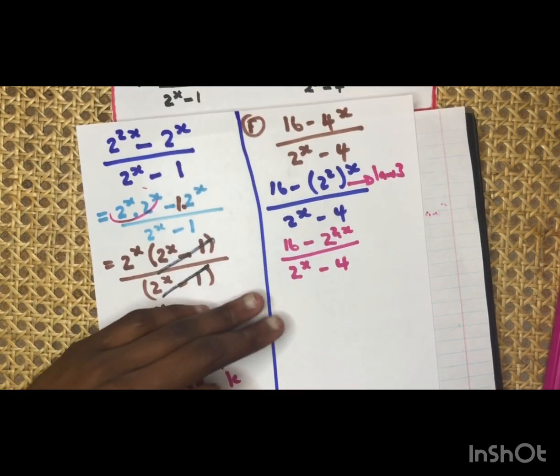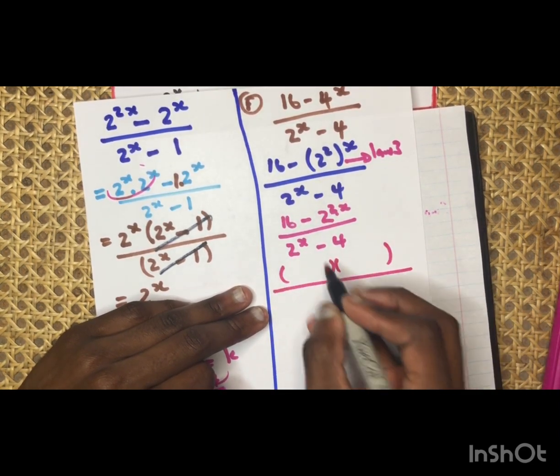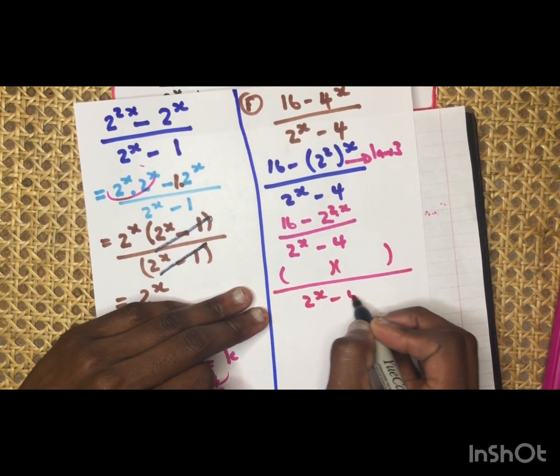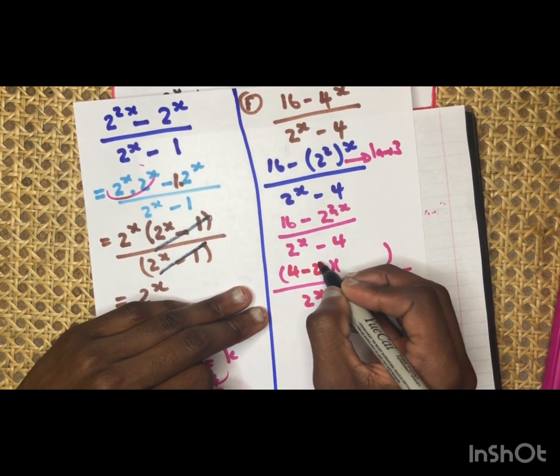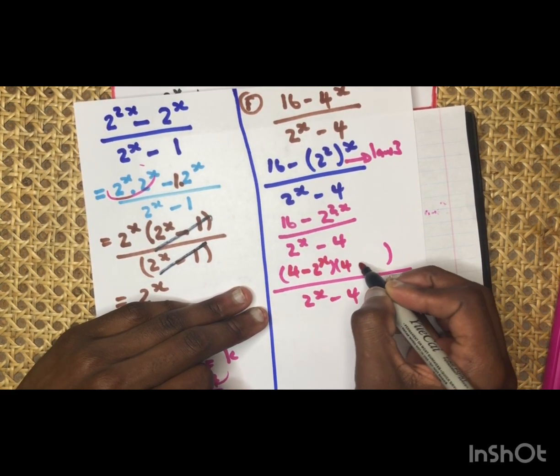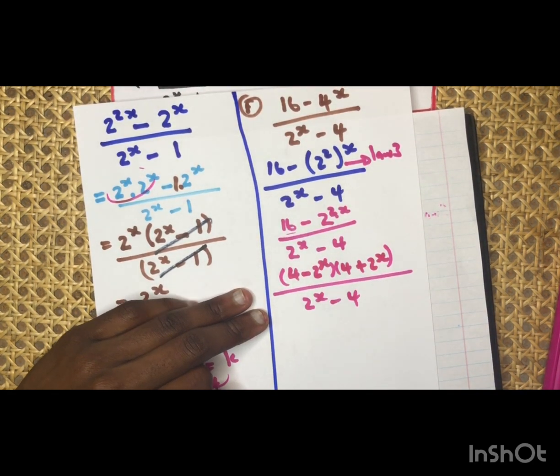Understand? So if we come here, guys, I'm going to factorize this. Now here I have 2 to the power x minus 4. Now I have 4 here minus 2 to the power x and a 4 plus 2 to the power x, because this is the perfect square, 16.